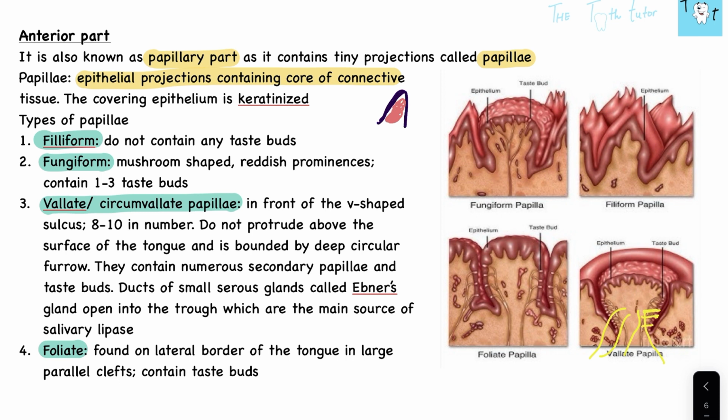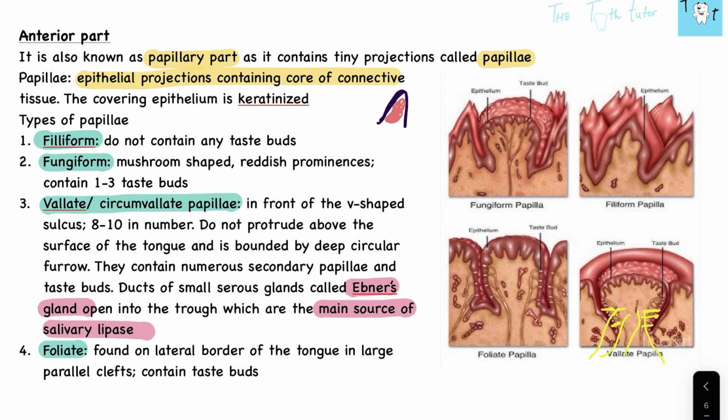These are the ducts of glands called Ebner's glands, the main source of salivary lipase.